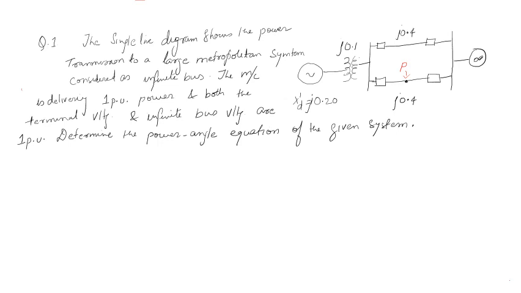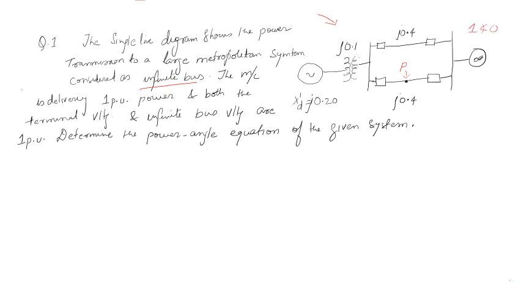Okay, what's the difference? Here the question says that this is our system, a single line diagram showing the transmission to a metropolitan system considered as an infinite bus. So it already says that this is my infinite bus, which means the voltage will be 1 at an angle 0 degree.